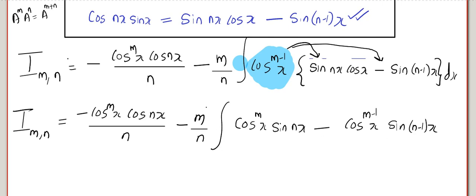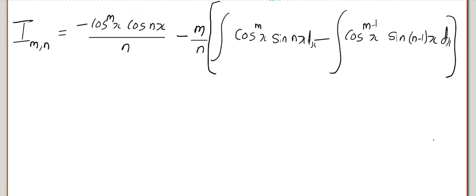Anyway, I am going to distribute this integral now itself. Why waste time? dx, dx. And that's it. You can be very happy because we are almost near our reduction formula.